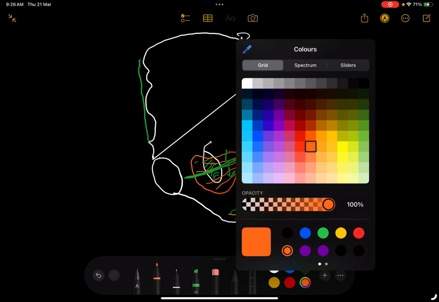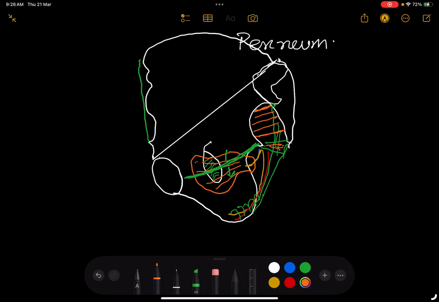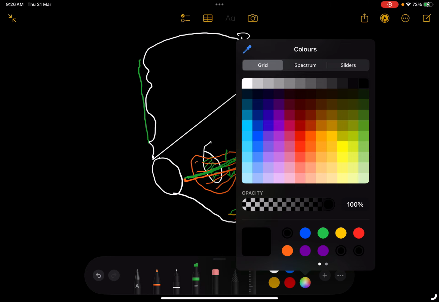So this is the levator ani going to the coccyx, and here is the pubococcygeal part, going from the pubis to the coccyx. So pubococcygeus and iliococcygeus, these form the levator ani.